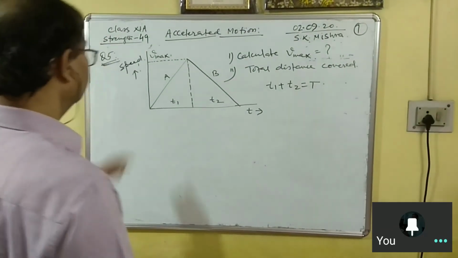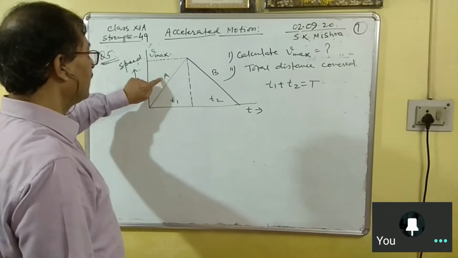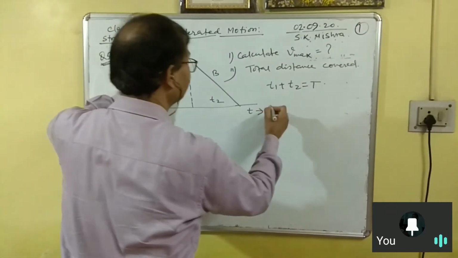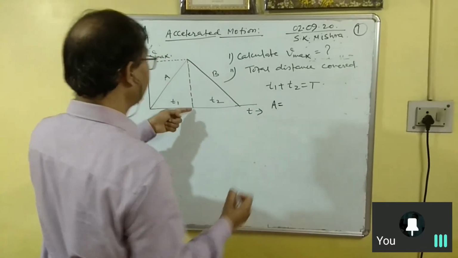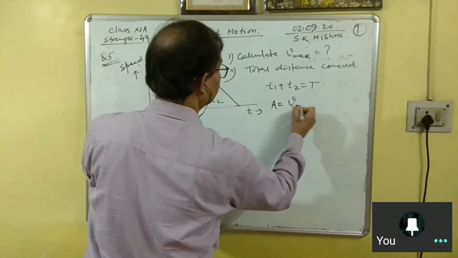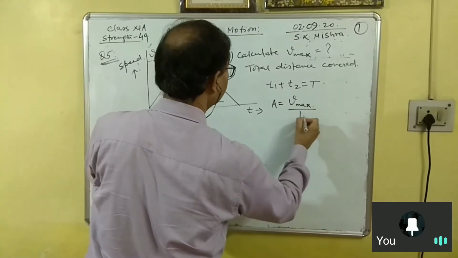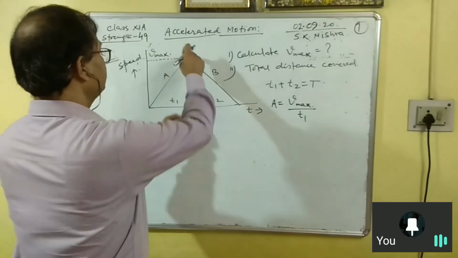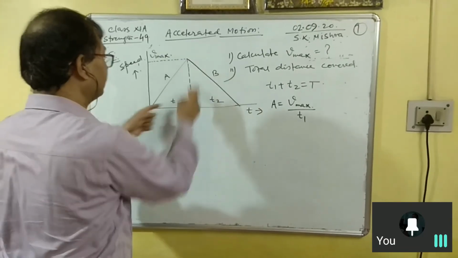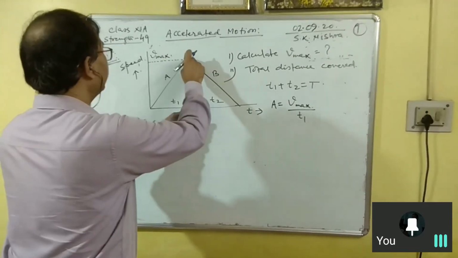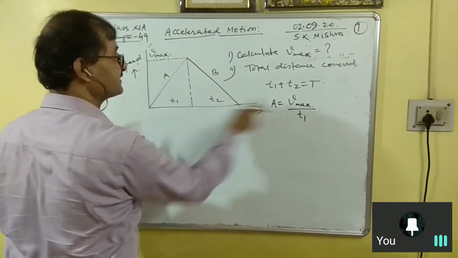Okay, so let me solve this problem. The acceleration is given by Vmax by t1. It means perpendicular by base, I mean slope, tan theta. Tan theta is perpendicular by base. So perpendicular is Vmax divided by base t1.